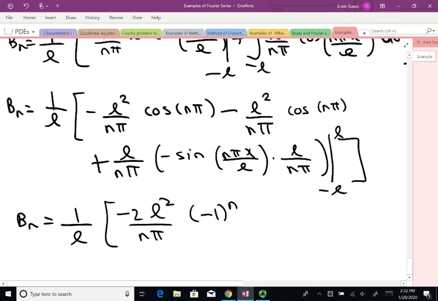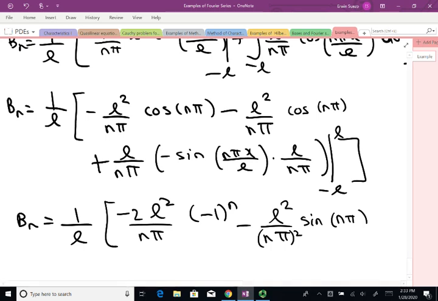And then I plug in minus L and L in this part, and I get plus L over n pi. When I plug in L, well, sorry, I have minus here. It gives me minus sine of n pi. Okay, sorry, let's multiply this. L times L is L squared, and then n pi squared. That gives me sine of n pi, right?